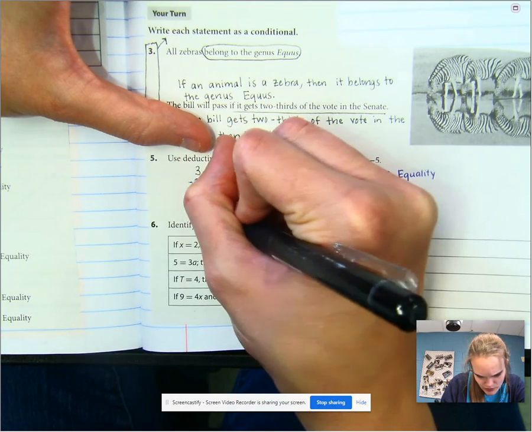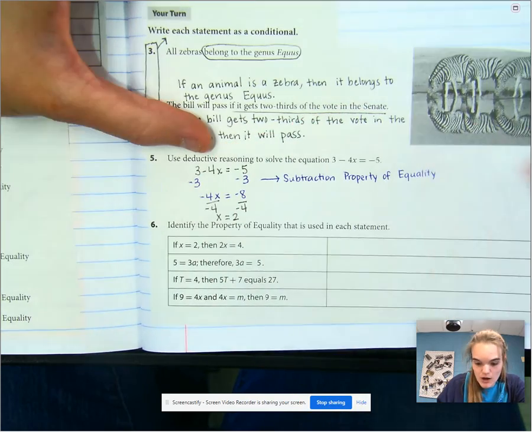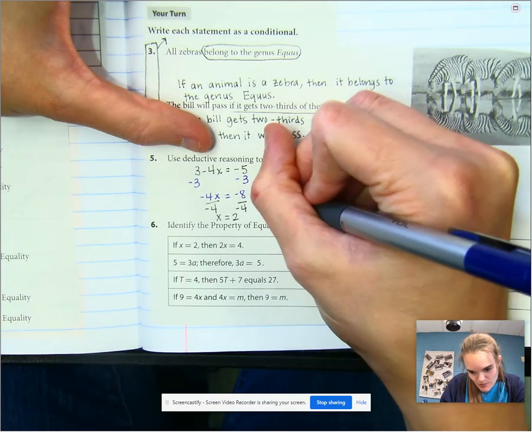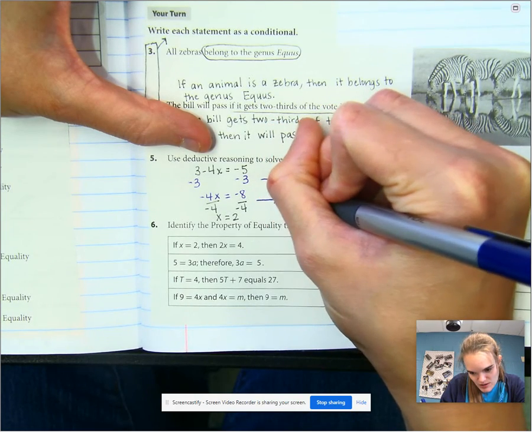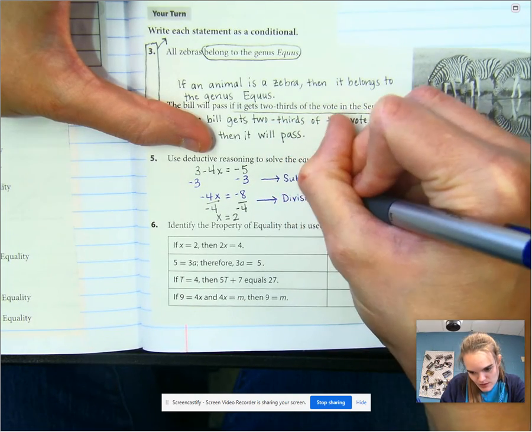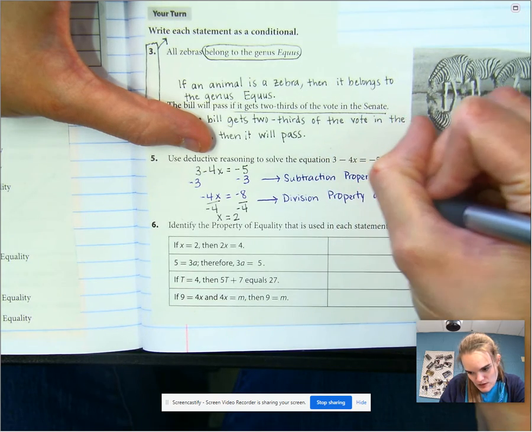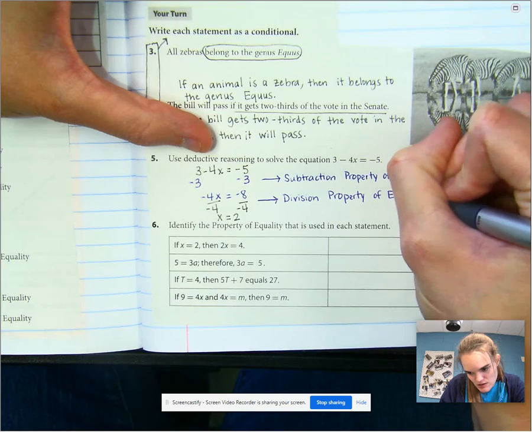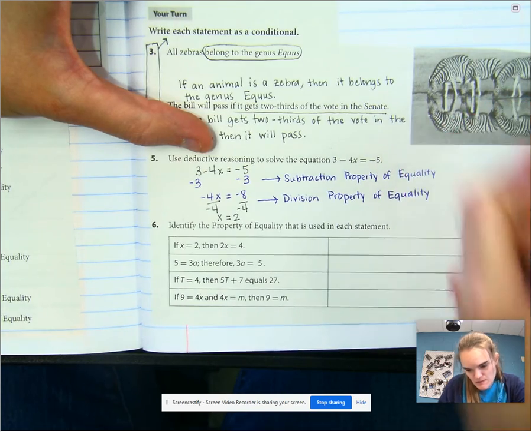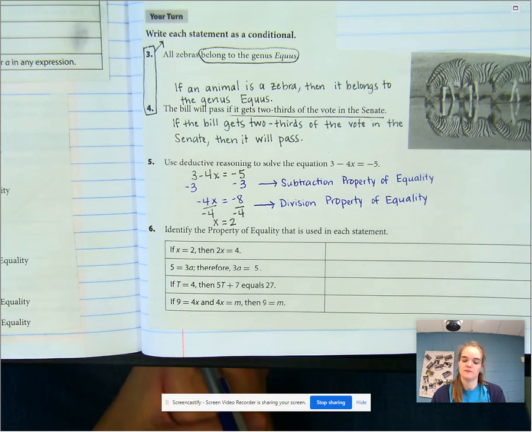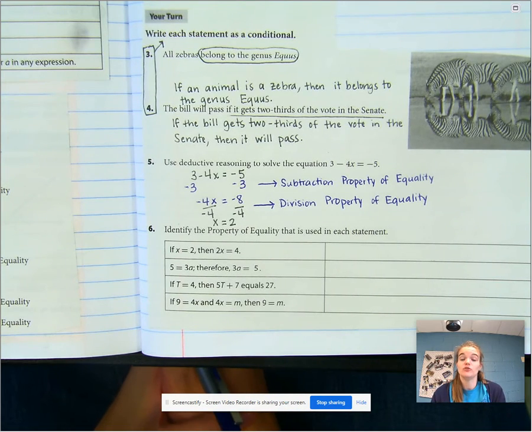So x equals 2. Why did I divide by negative 4, or why am I allowed to? Because of the division property of equality. Okay, so I'm just explaining what's going on with these. That's all you're doing when it says use deductive reasoning.